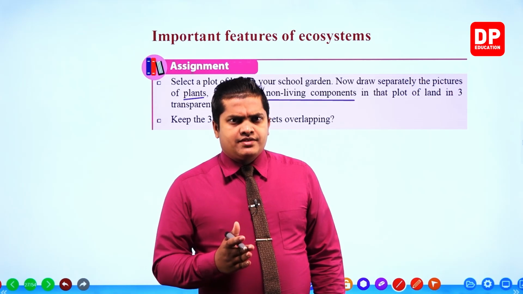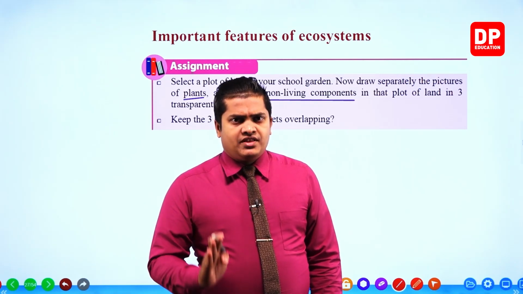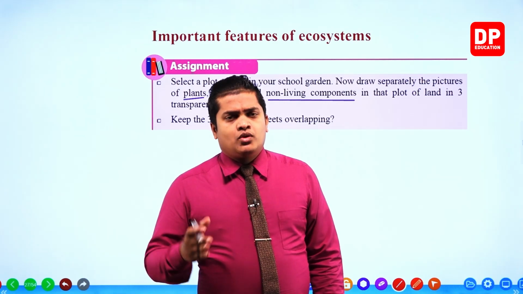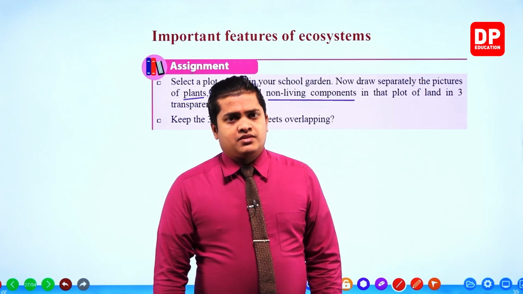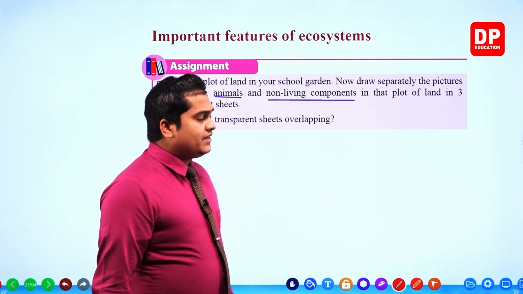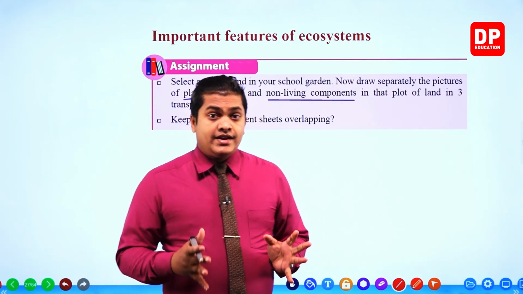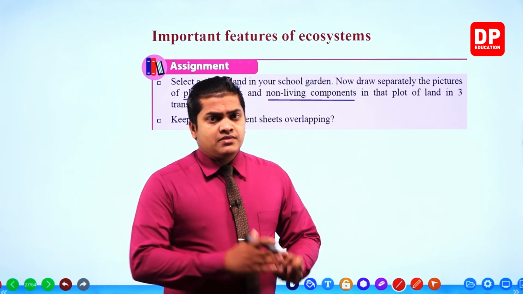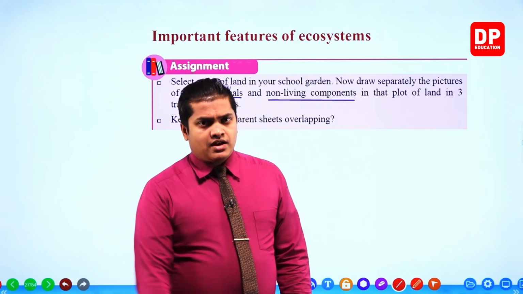An ecosystem is a place where we can observe different types of things, especially living things and non-living things, which are going to interact with each other. We even discussed ecosystems in the previous chapter, my dear children. So by doing this activity, my dear children, you could get an idea that an ecosystem consists of all of these factors, living and non-living.